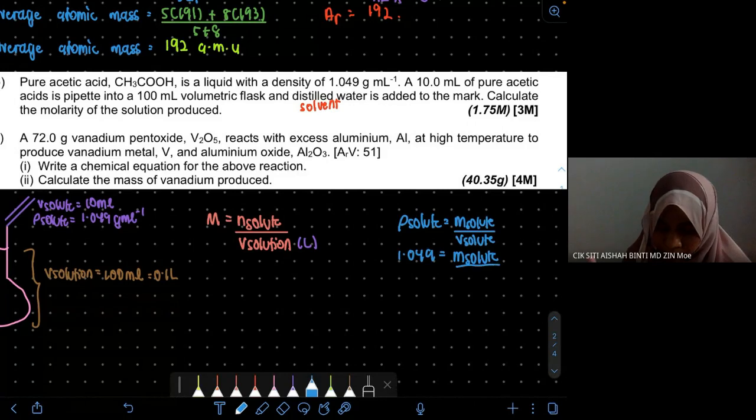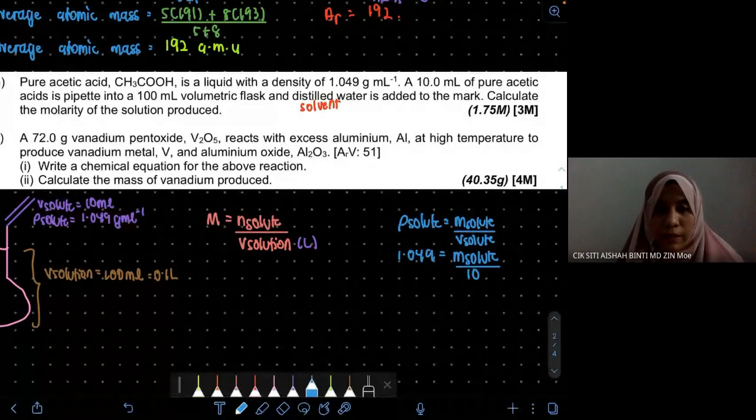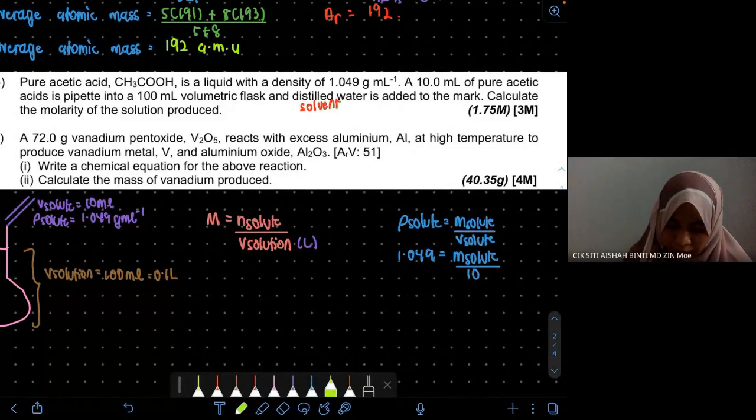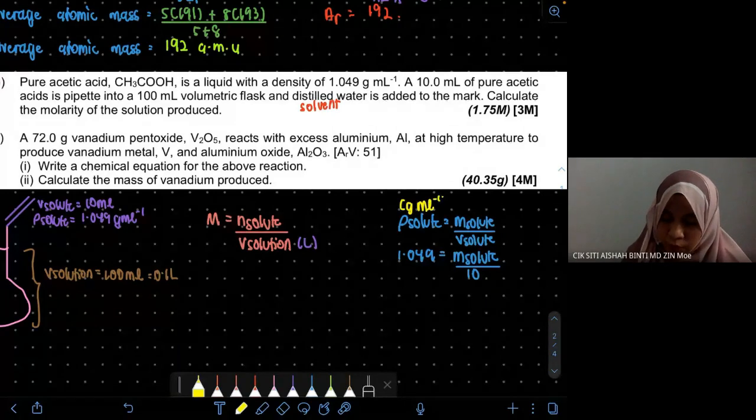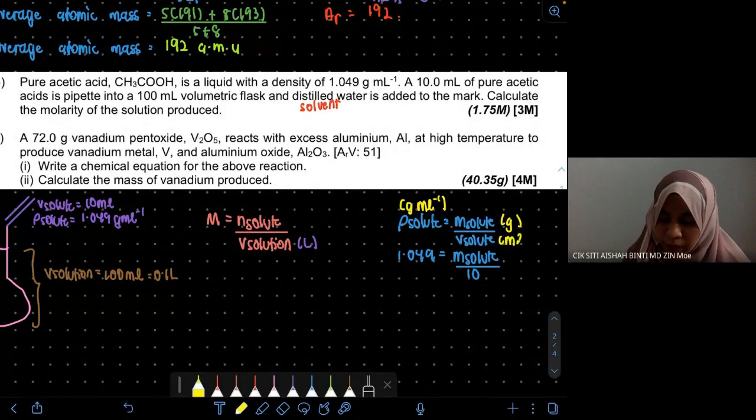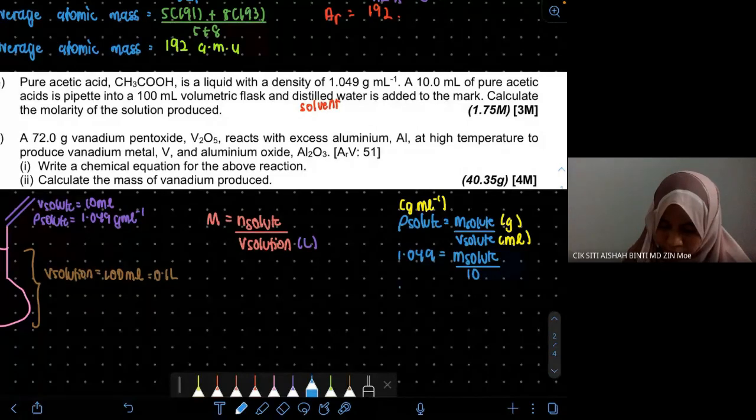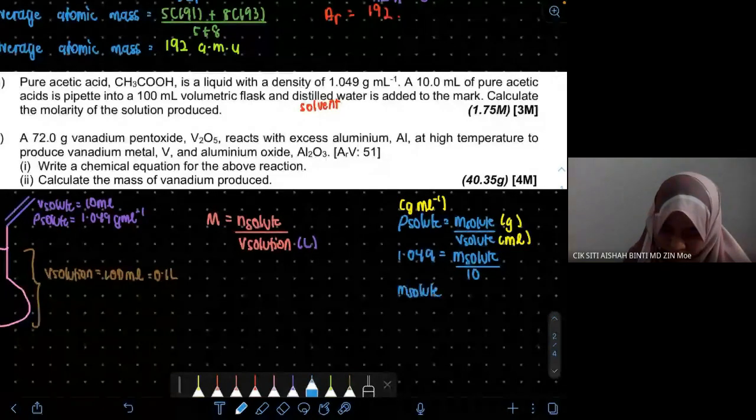Okay, volume kita 10 ml. Okay, dalam kes ni, why do we use 10? Because the unit of density ni is gram per milliliter. So, mass solute ni must be gram. So, kita punya volume of solute tu must be in ml lah. Okay, so that's why mass solute kita is actually kita akan dapat 10.49 gram.